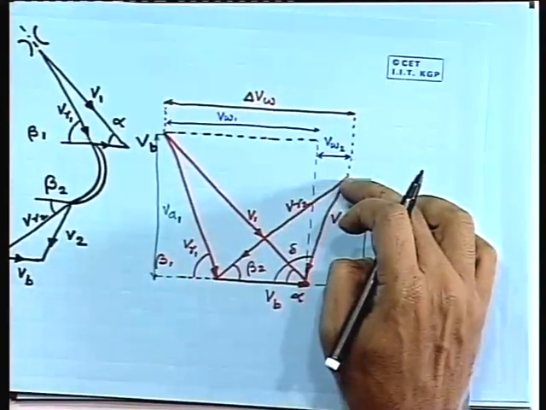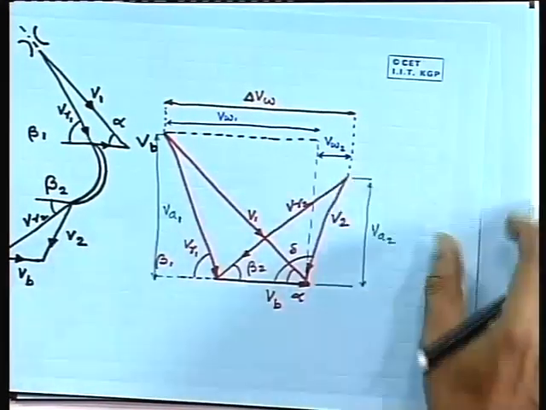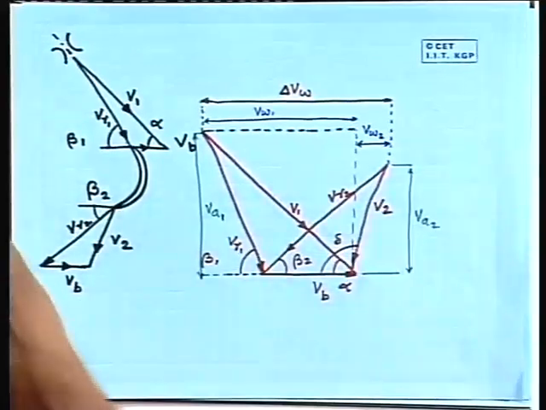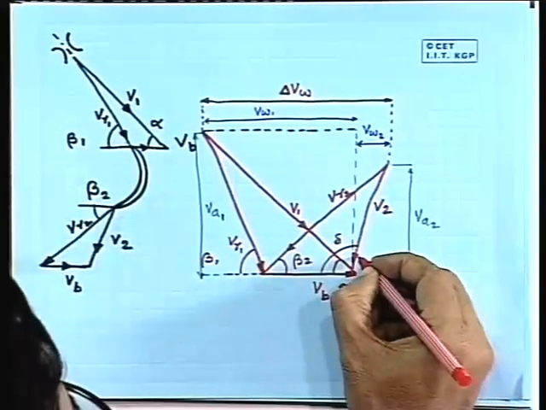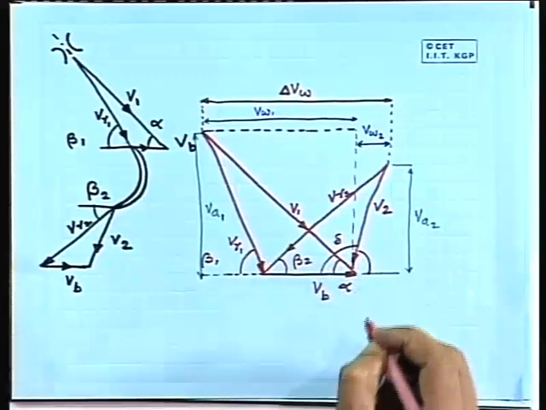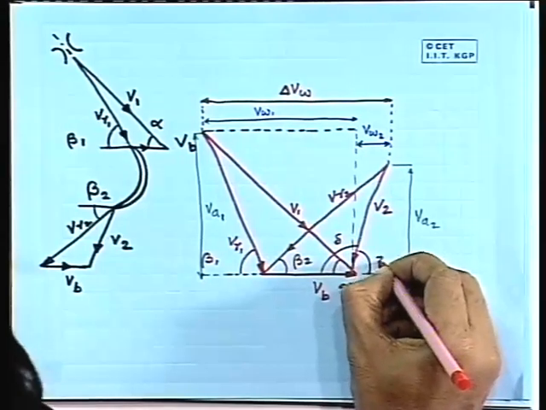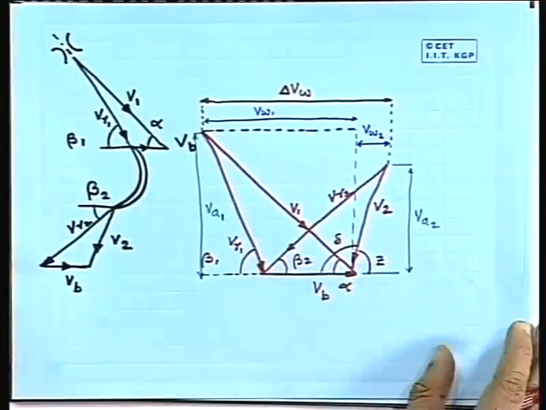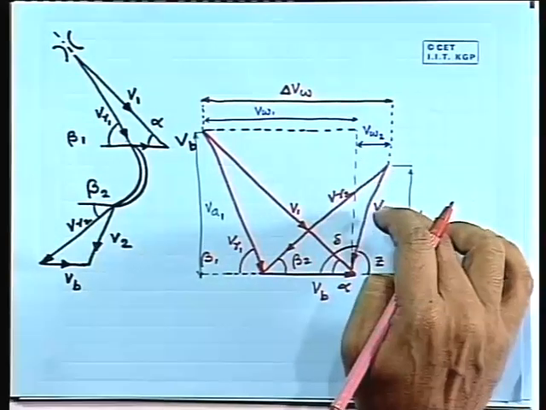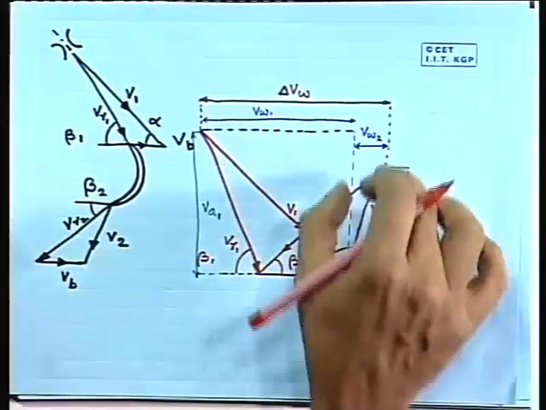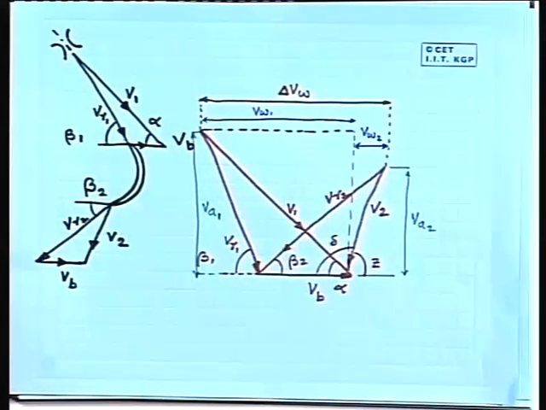So, if we see, this is V 2, and let us say this angle, let us call it any name, let us say it is Z. So, if we take V 2 cos Z, then we get V omega 2.